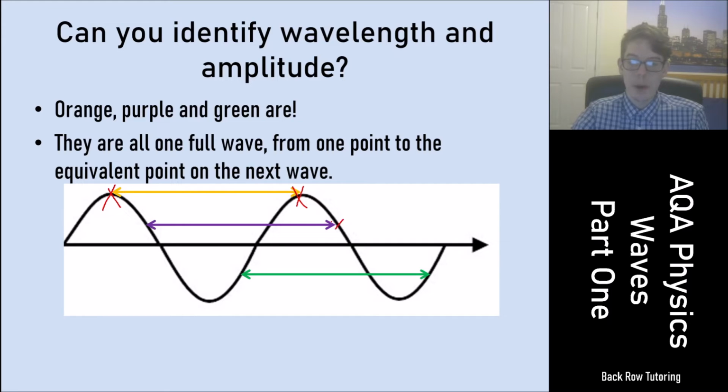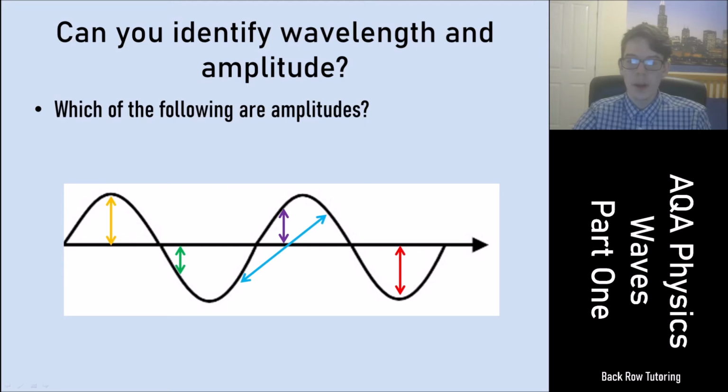Here we're about halfway between the peak and the medium, and here we're also about halfway between the peak and the resting position. So that means the distance between these points is again one wavelength. And exactly the same can be said for this green length here. So which of the following are amplitudes?